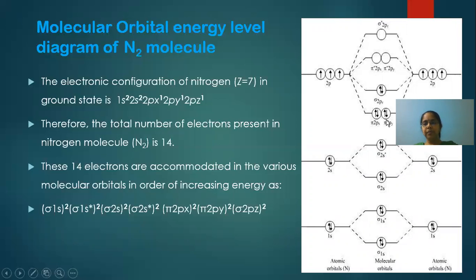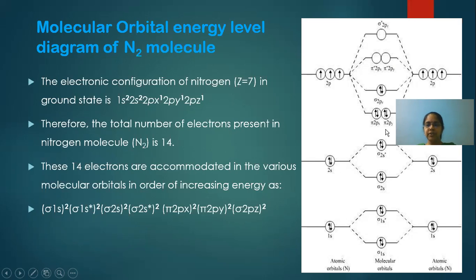Now this pi 2p set is exactly half filled with 1 electron each. Now the next electron will enter again into pi 2px, then the next one into pi 2py, right? Now these orbitals are completely filled, the next electron will enter into sigma 2pz. The next 2 electrons will enter into sigma 2pz.